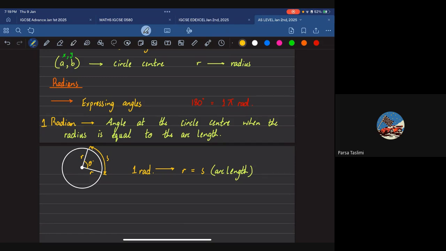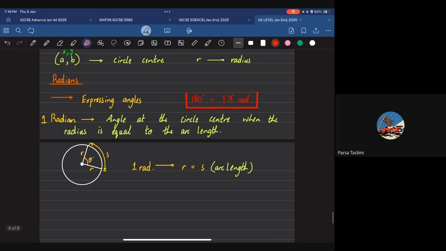We already know this relationship as well. Let's highlight this down, because this is the reference you will use any time you want to use degrees and radians interchangeably.